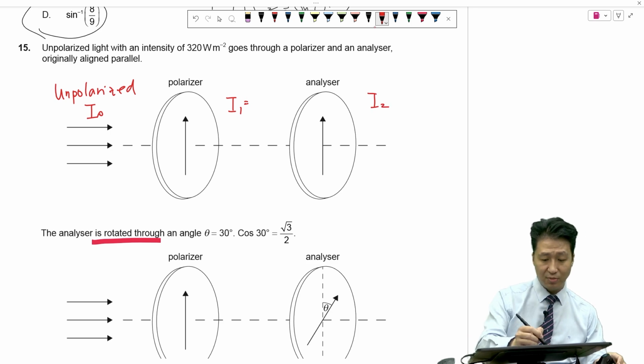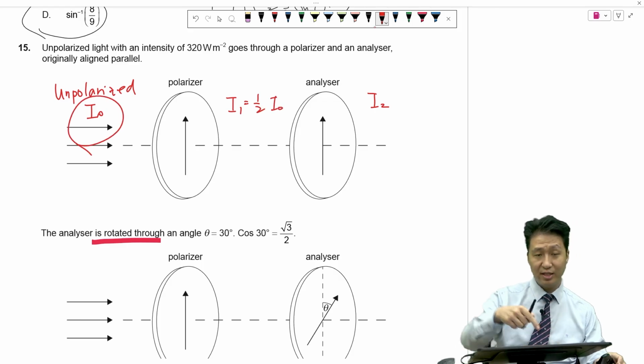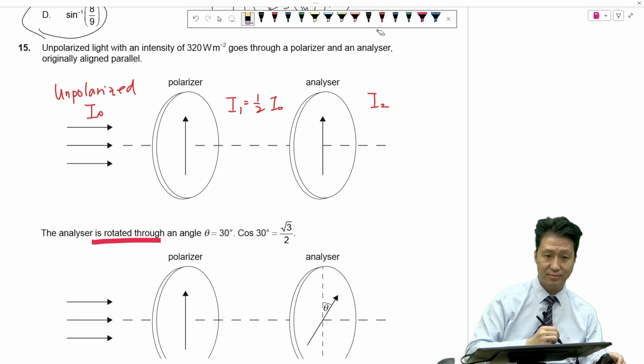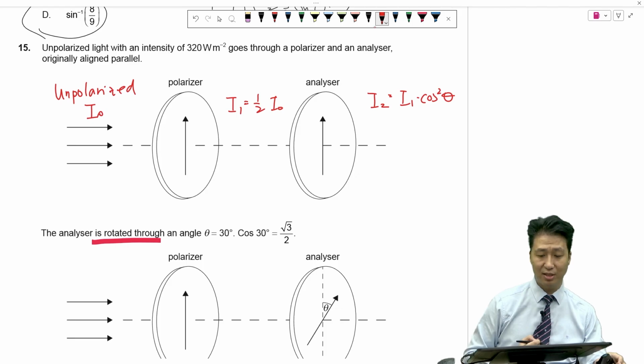I1 is always going to be 1/2 the initial one because it's unpolarized going through a polarizer. So what about I2? This is going to be I1, the previous intensity, times cosine squared theta according to Malus's law.